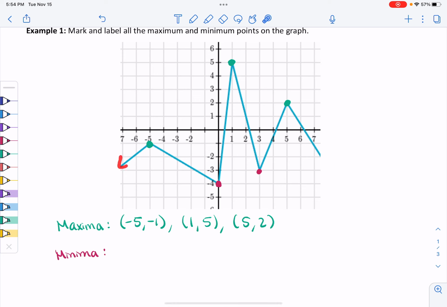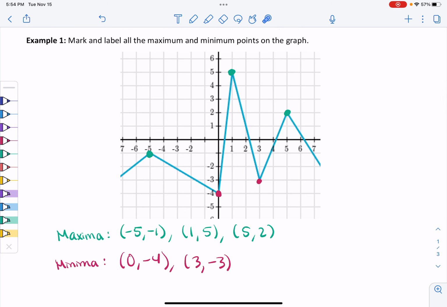These two are not because the graph continues off the screen, so we do not know if the graph turns around right there. So this point right here is going to be 0, negative 4. And this point over here is 3, negative 3. So we have 3 maximum points and 2 minimum points. I apologize. All right. That is example 1.